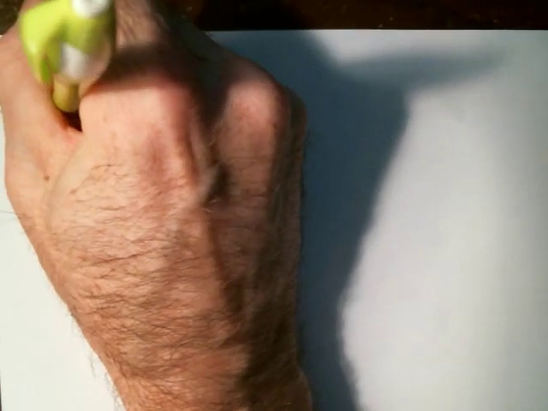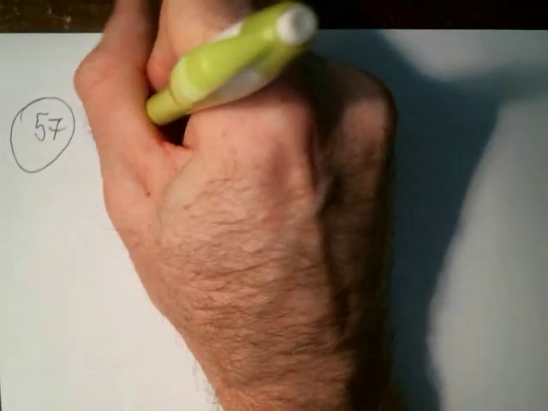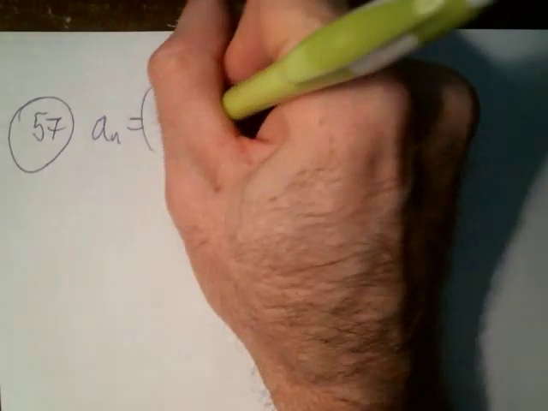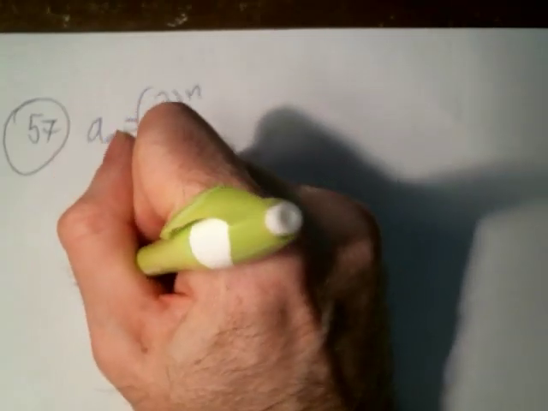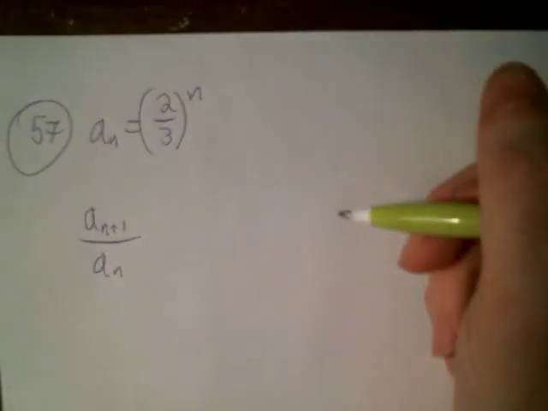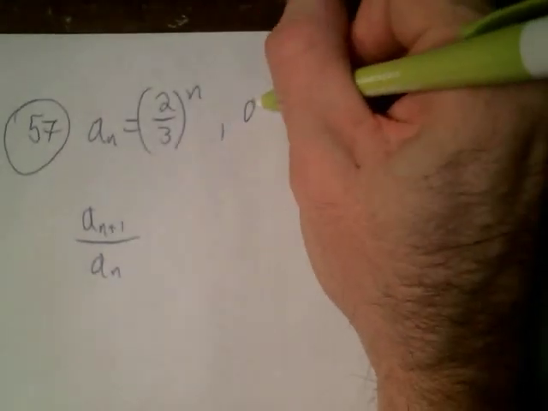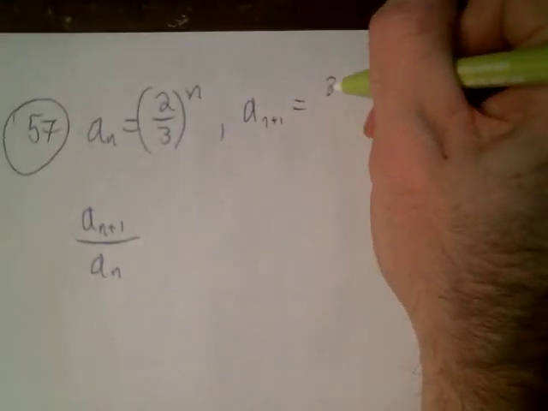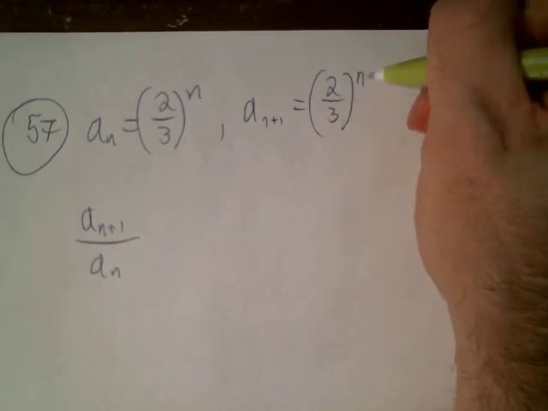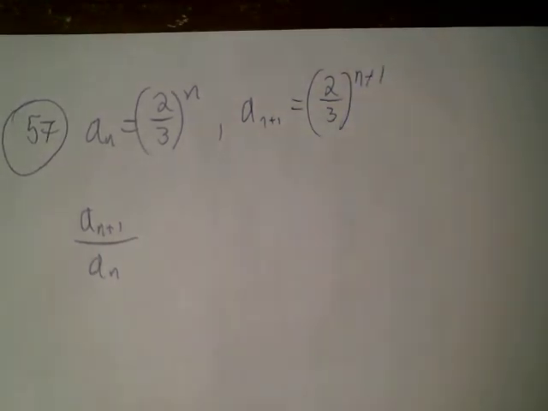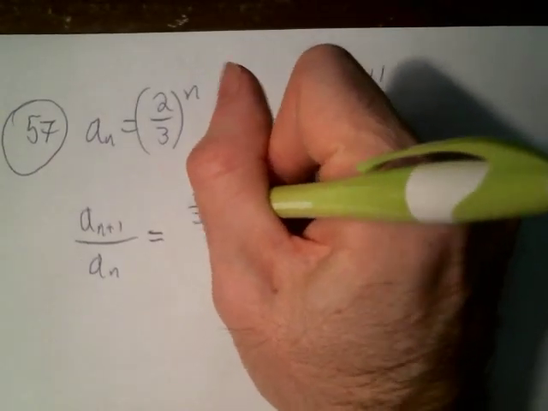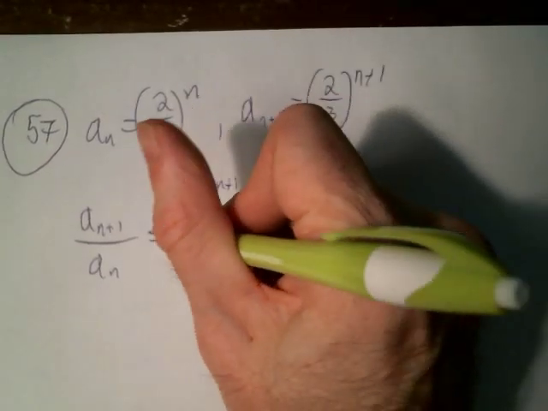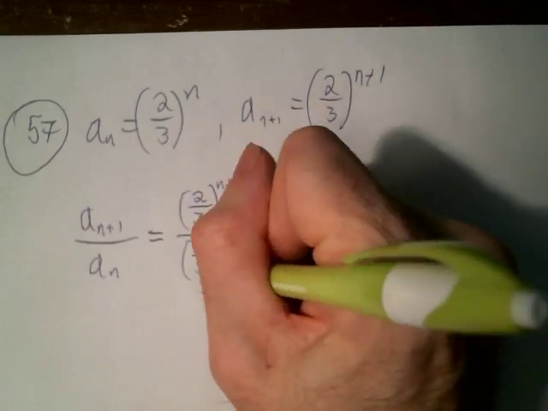This is 57. We have a sub n is 2/3 to the n. This time I'll consider a sub n plus 1 all over a sub n and compare that to 1. So again, what is a sub n plus 1? That's 2/3 to the n plus 1. So a sub n plus 1 over a sub n is 2/3 to the n plus 1 all over 2/3 to the n.